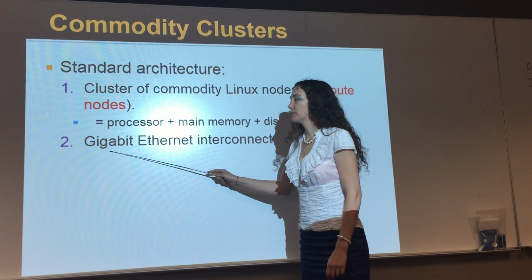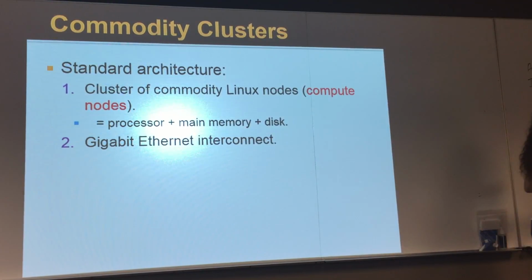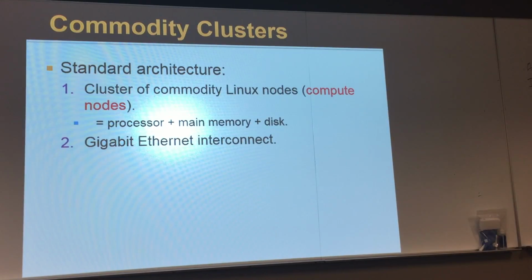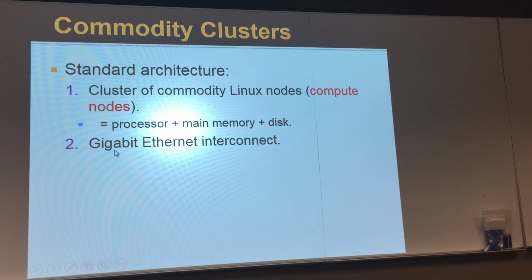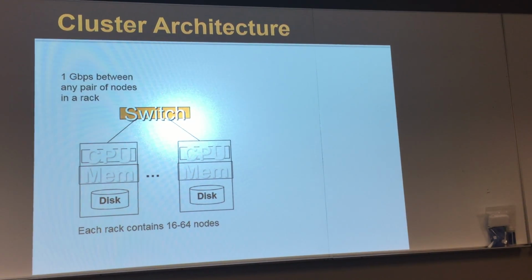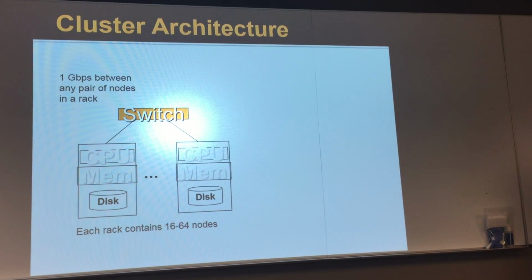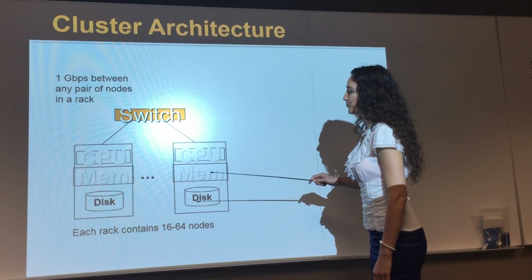And gigabit is the speed of the network. So 1 gigabit per second is sent between any pairs of two nodes in a rack.